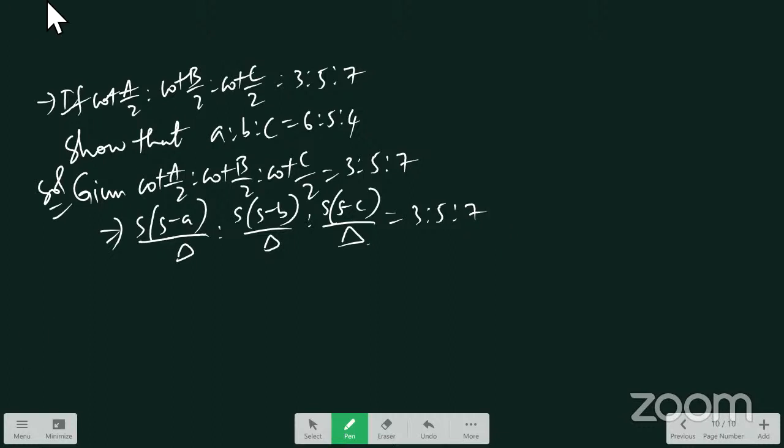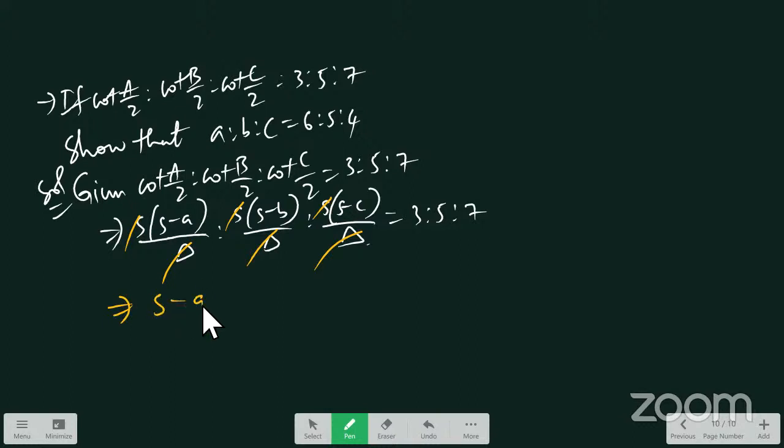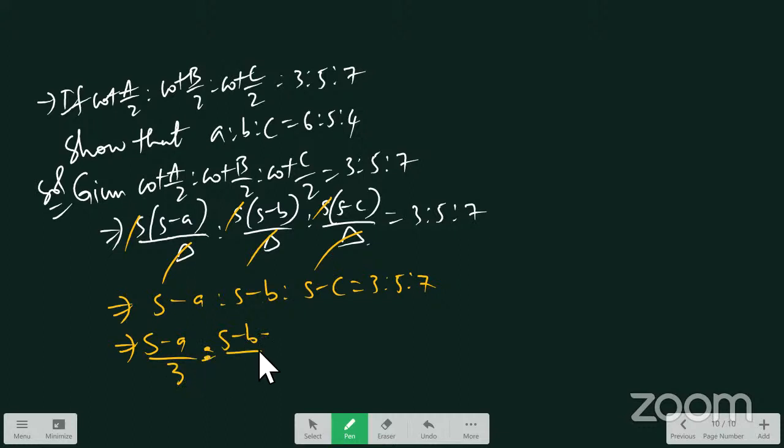Now I can cancel s and delta, s and delta, s and delta. So what I'm going to get, that implies (s minus a) is to (s minus b) is to (s minus c) is 3 is to 5 is to 7, which is nothing but (s minus a) by 3, (s minus b) by 5, (s minus c) by 7.